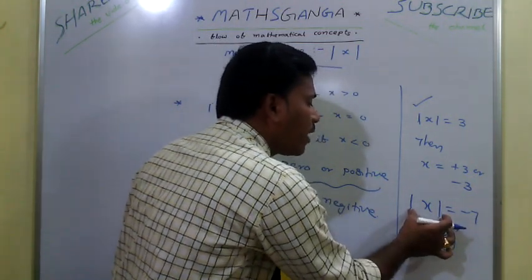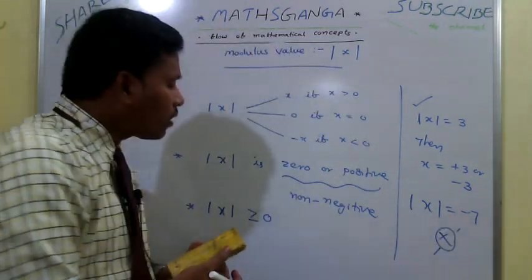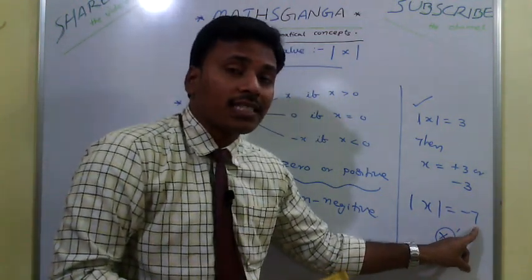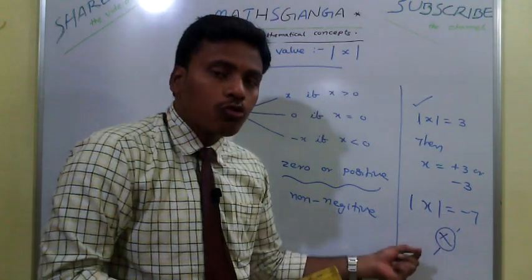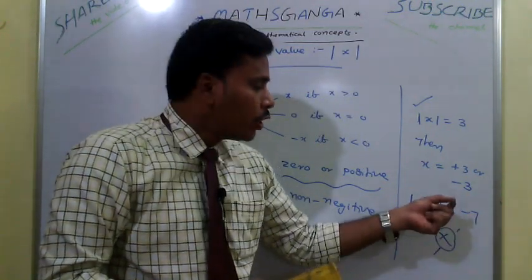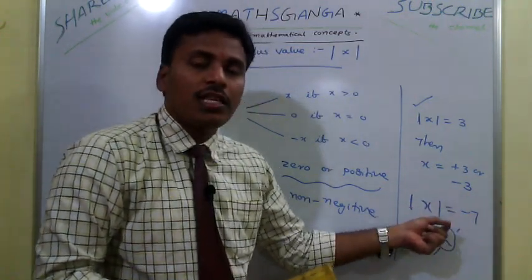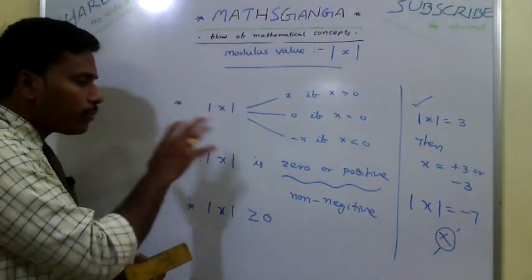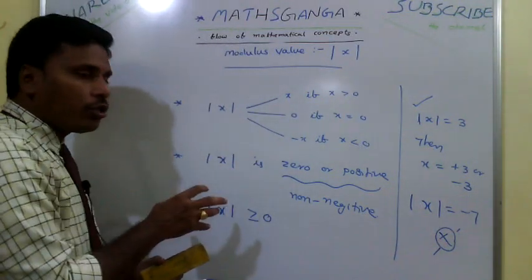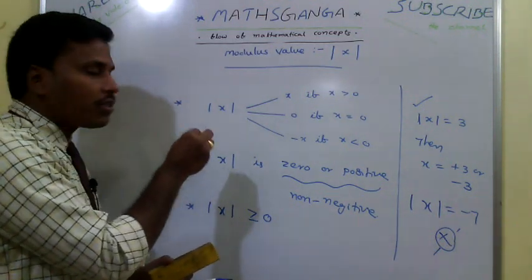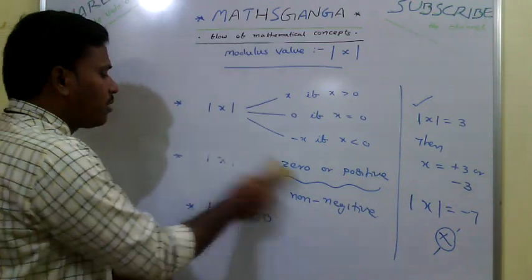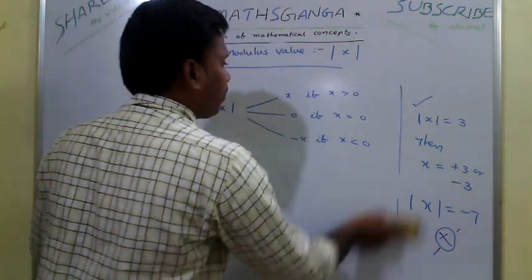Because the left hand side is modulus of x, which is always 0 or positive, whereas the right hand side is minus 7, which is negative. A positive number is not equal to a negative number, so it's a wrong statement. So this equation has no solution. To understand the basic idea of modulus, we need to concentrate on the expression inside the modulus. Let us discuss some more examples here.